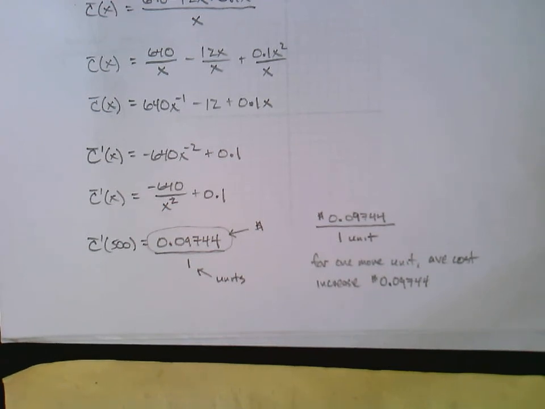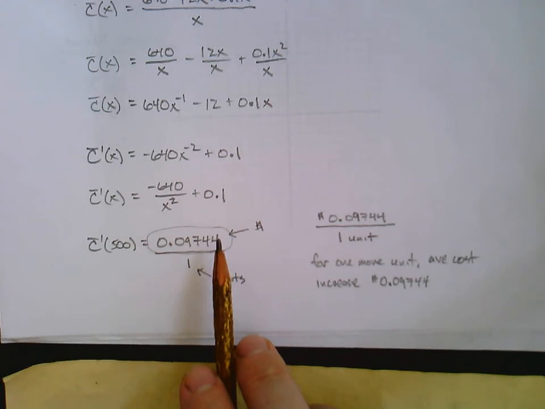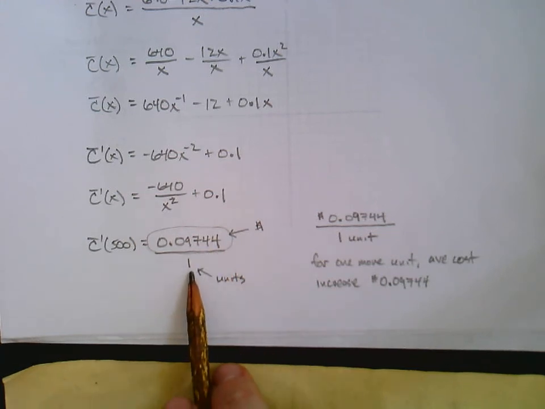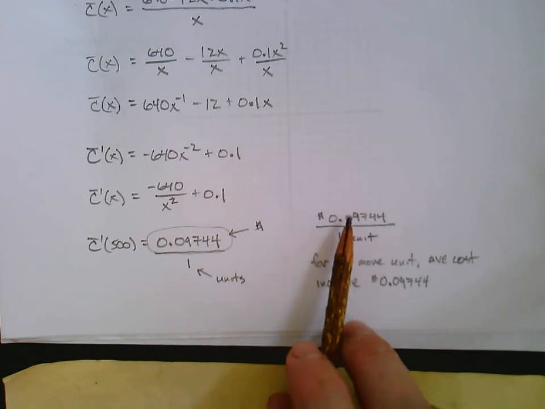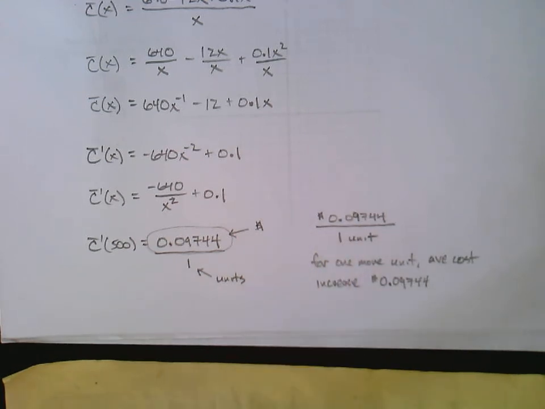So think of it like the change in y over the change in x. So it's the change in the dollar amount divided by the change in the number of units. So if you think of it this way, that many dollars over 1 unit, for 1 more unit, the average cost is going to increase by almost 10 cents. A little under 10 cents, $0.09744.